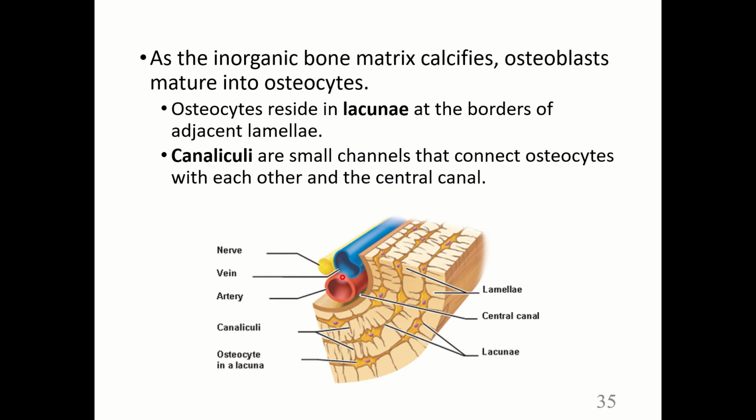Osteocytes are still very much alive, even though they're no longer dividing and secreting matrix, but they're maintaining the matrix, and so they still communicate with one another. They do this through little canals called canaliculi, meaning small canal.